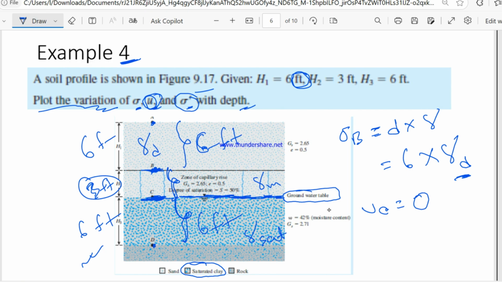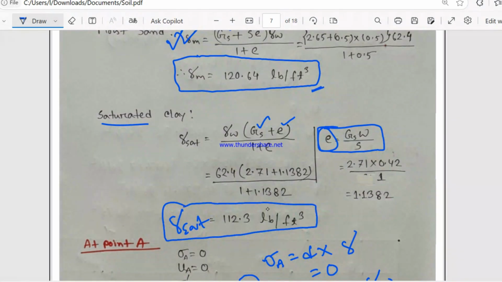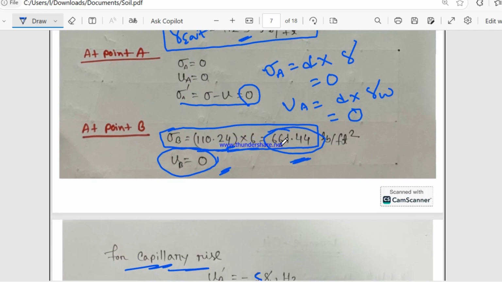Here specific gravity is 2.71, and water unit weight is 62.4. Okay, so this is another formula for finding void ratio. Let's insert all these values. We get saturated unit weight for clay, which is 112.3 pounds per cubic foot.